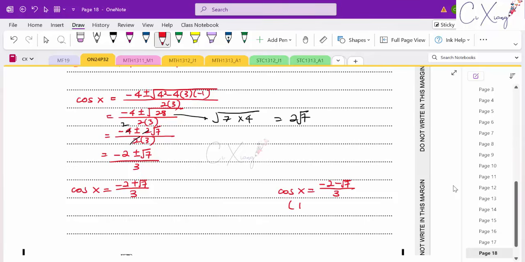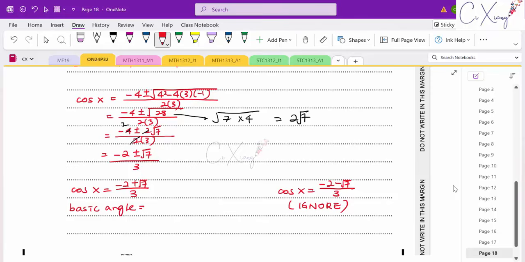You will see that basically this equation will not give you any solution, because it is already less than negative 1. So it is less than negative 1, therefore there's no solution from this part, we have to ignore it.